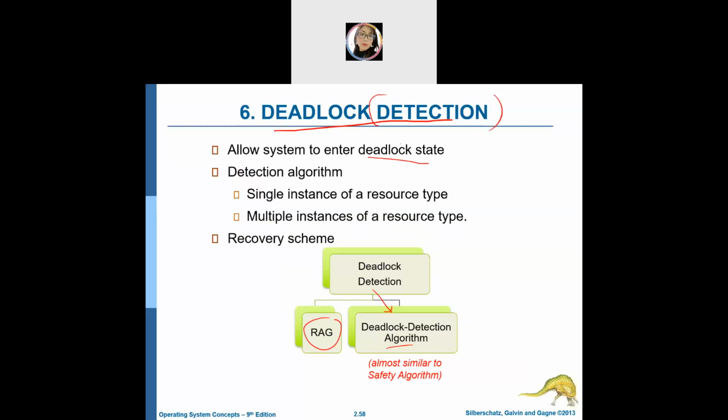Of course, because you want to detect, that's why you allow it. For the detection algorithm, there are two types, single instance and multiple instances. And there is also the recovery scheme, which will be covered later, to recover after you go deep into the deadlock state.